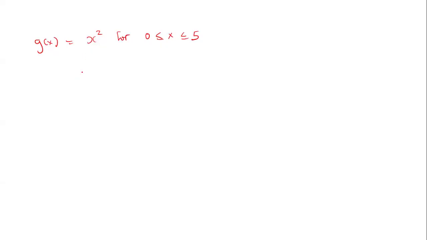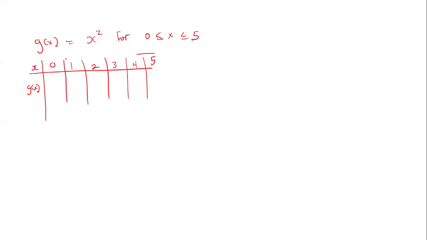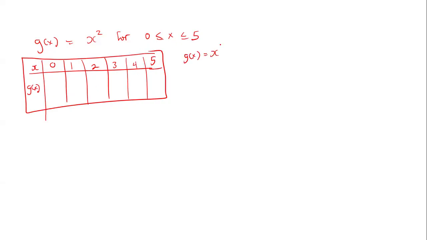Show the function on the graph and find its inverse. So the first thing you're going to do is draw your table where you have x and where you have g of x. So you say this is 0, 1, 2, 3, 4, and 5. Something like this. Now you substitute, you have your g of x equals x squared. So when g of 0, what do you have? 0 squared, which is 0.